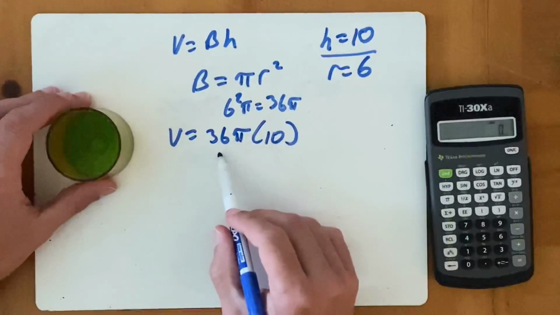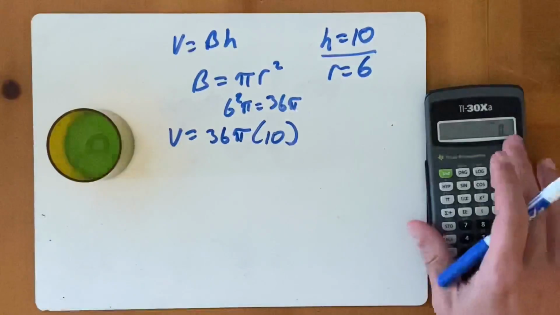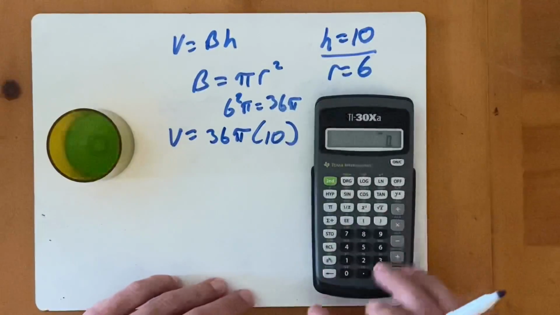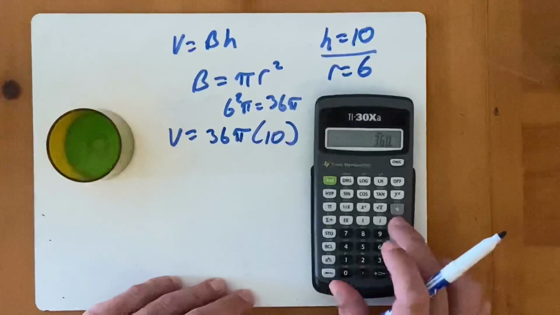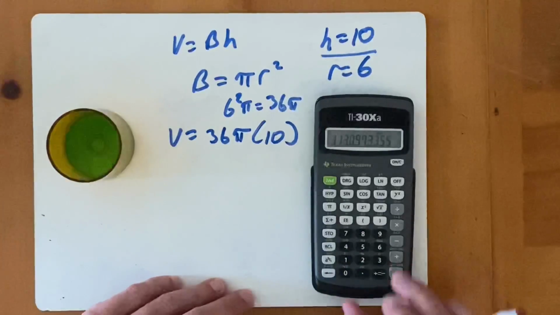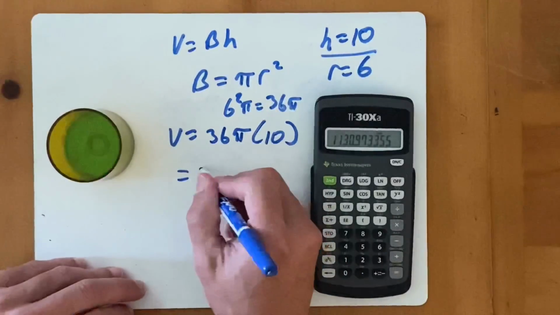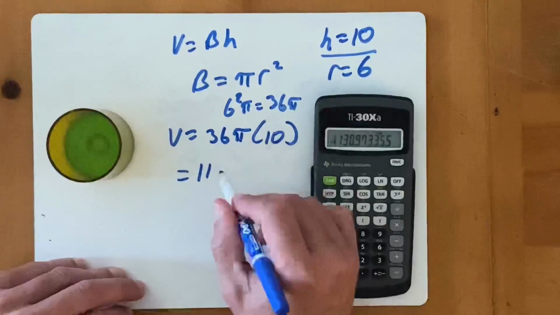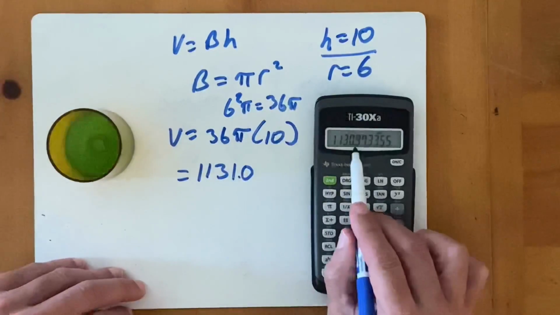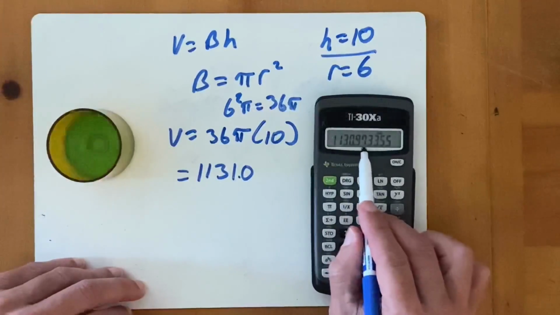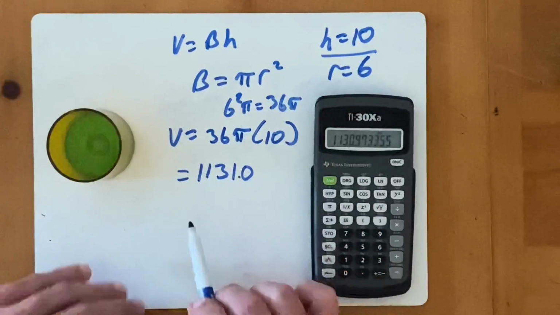Let's put it into the calculator. 36 times 10 is 360, times the pi key, equals. If we're rounding to 1 decimal place, we get 1131.0, because we've got a 9 and then a 7 after it, so that 9 rounds up to the next whole number.